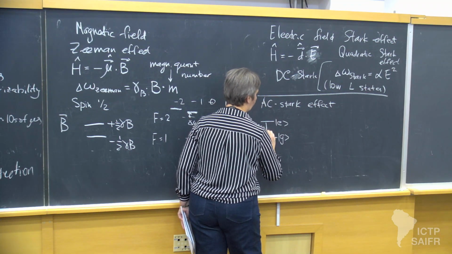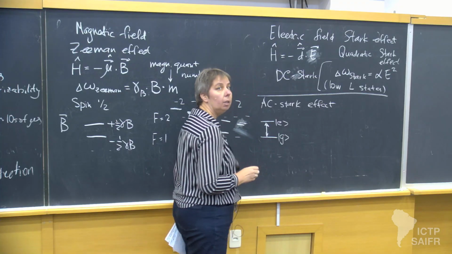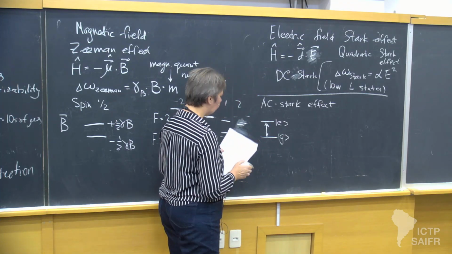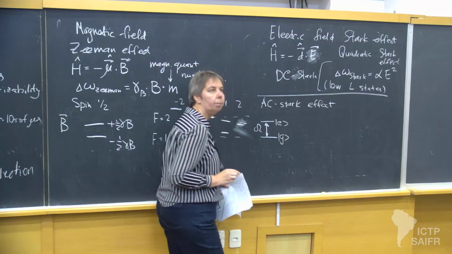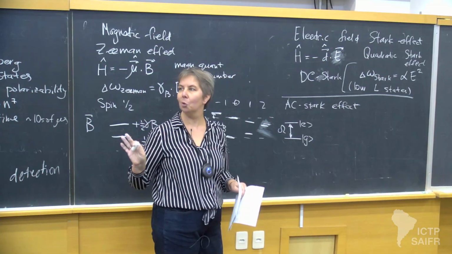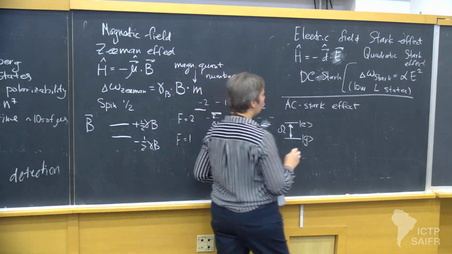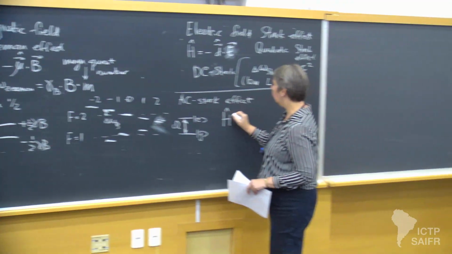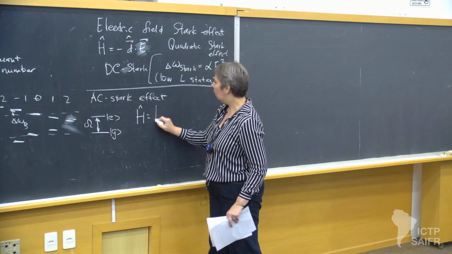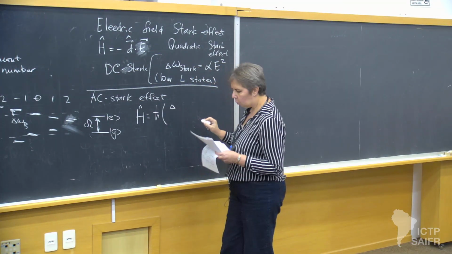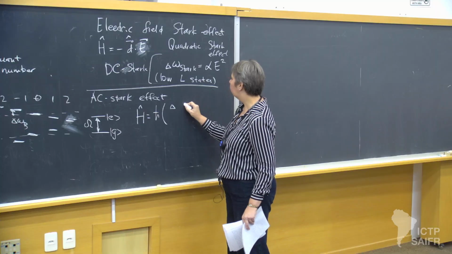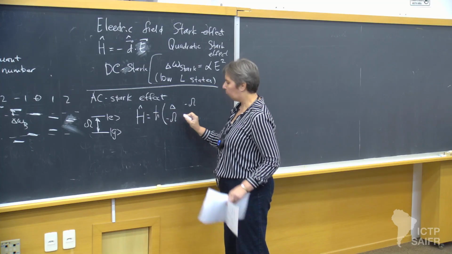And now you have some electromagnetic field applied to the states with the Rabi frequency omega, right? You all have done that, so you should know. The Hamiltonian, if you remember, for this system is going to be H, detuning, and it's all in the rotating wave approximation.